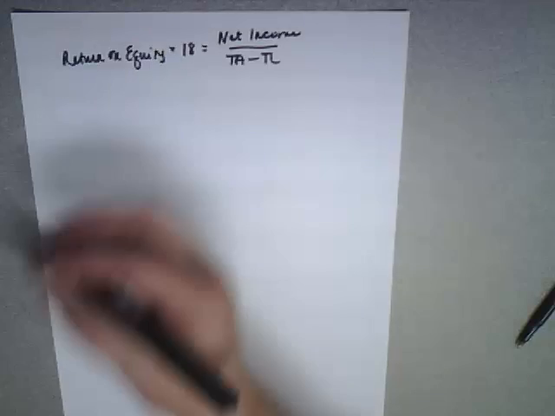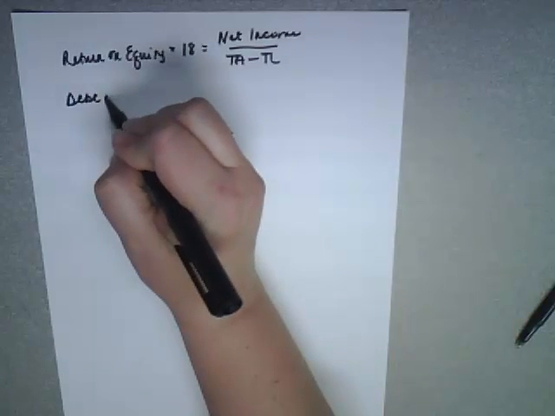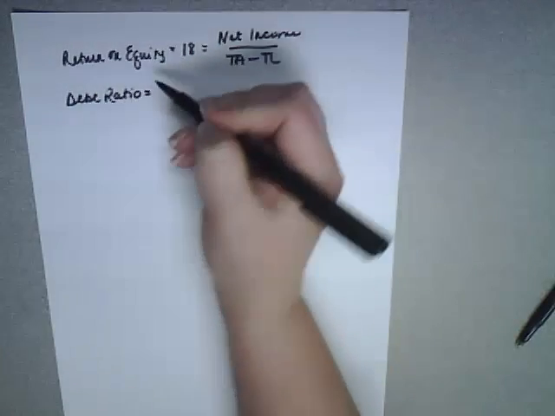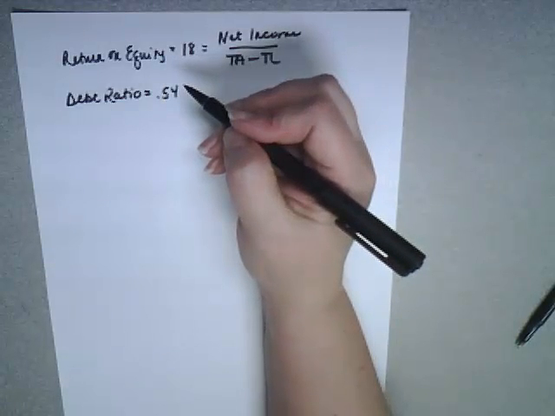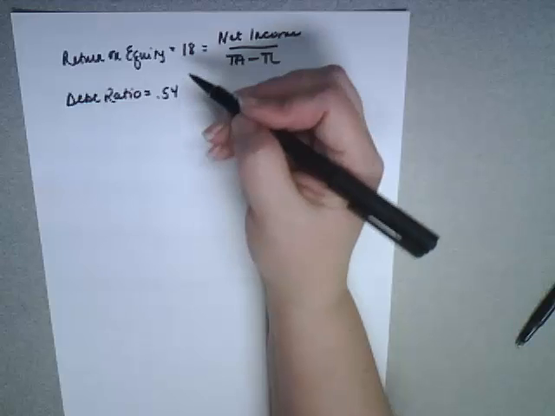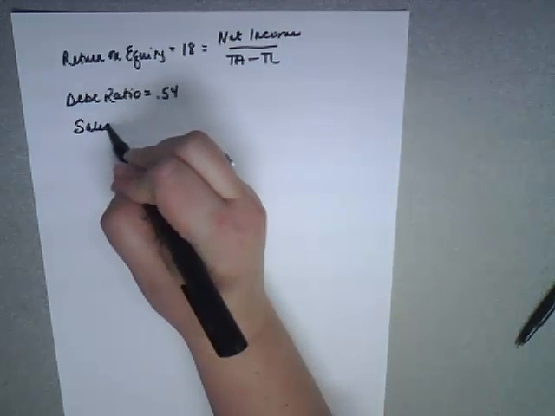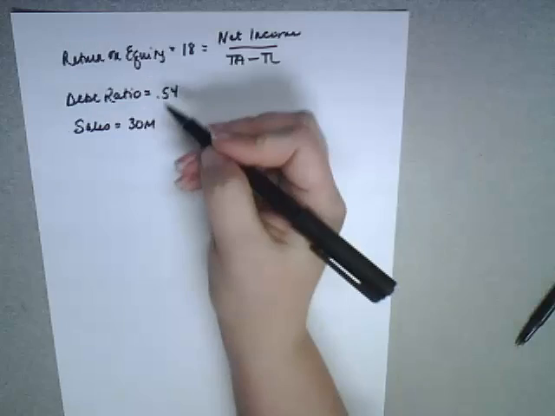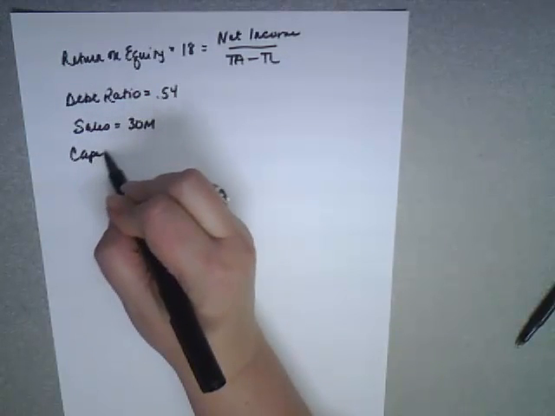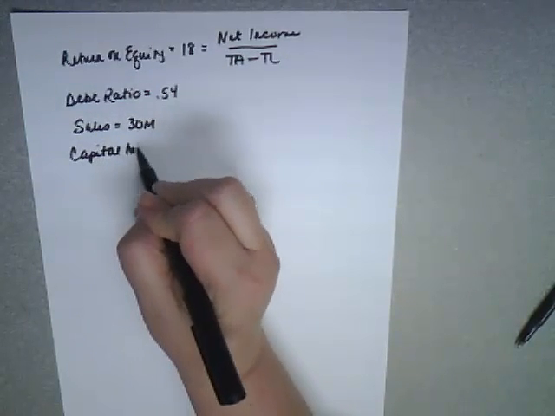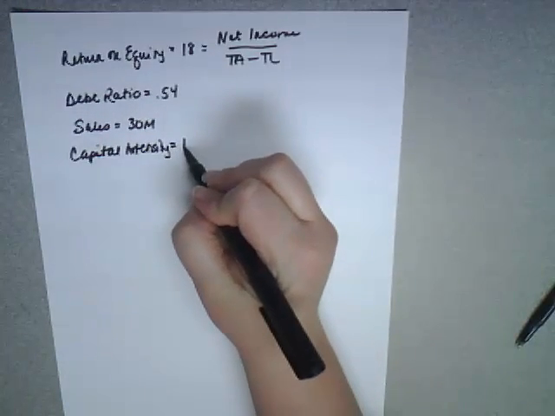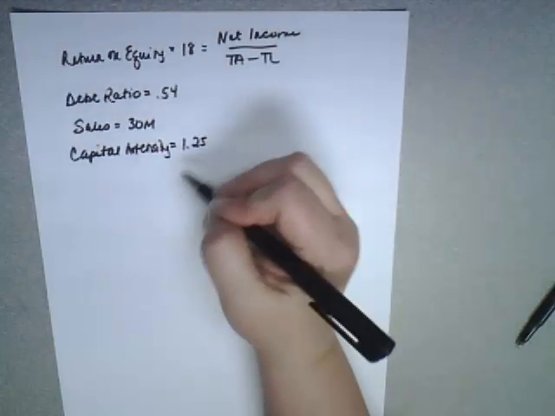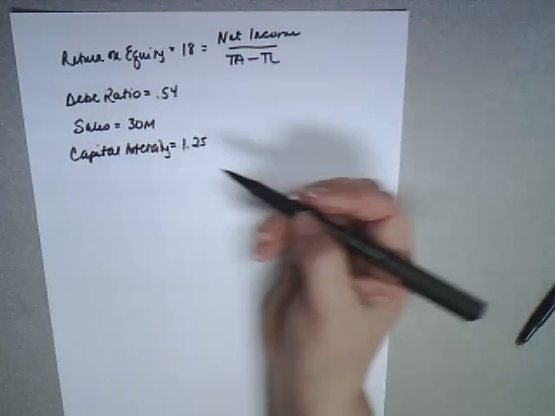They also told us in number 9 that the debt ratio is 54%. They told us that sales were at 30 million, and the capital intensity ratio is at 1.25 times.